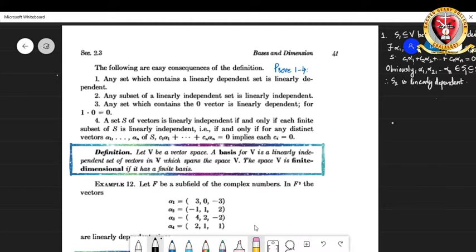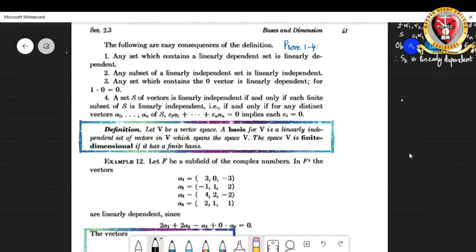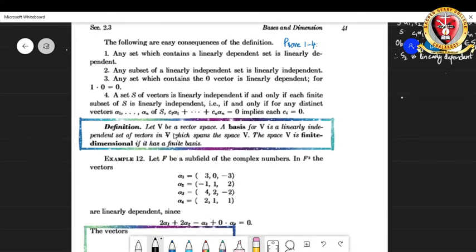The next definition is what is called a basis. We have V to be a vector space. A basis for V is a linearly independent set of vectors in V which spans the space V. We had seen what the term span means. It means that the linear combinations of those vectors can form the whole space.